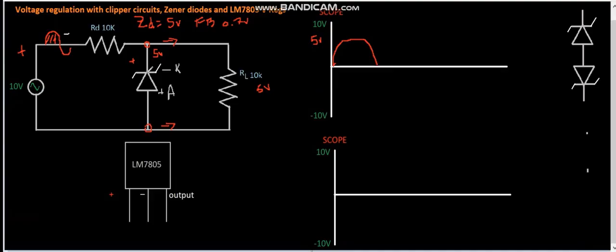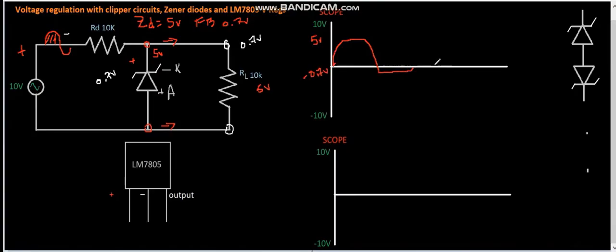So now this is negative. It's actually going to only have a voltage drop of 0.7 volts. So it must mean that the voltage across here and here would be 0.7 volts. Because if this is in forward bias and it's going to conduct at 0.7 volts, then I've clipped this at negative 0.7 volts on this side.